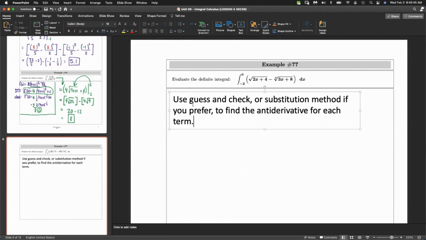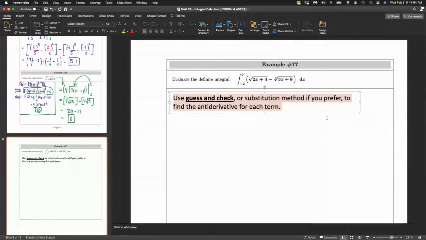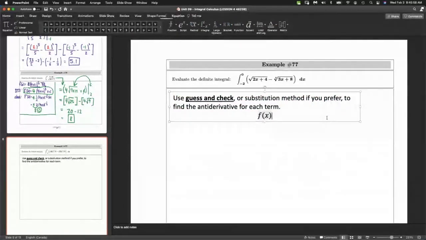I would do guess and check. Now, if you don't want to use guess and check, that's okay because you can use the substitution method if you're familiar with it. So for that, I'm just going to state what the antiderivative is. And then proceed from there, because the hard part of this question is the antiderivative.